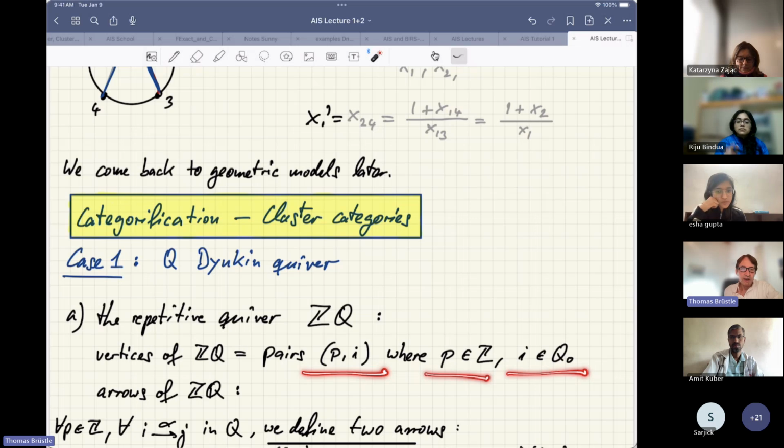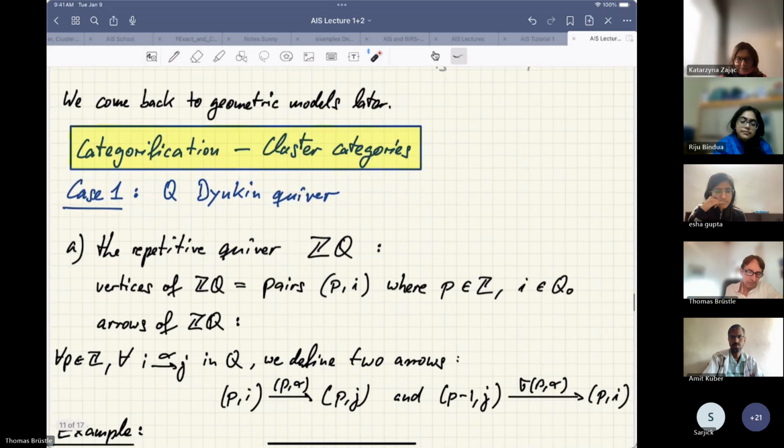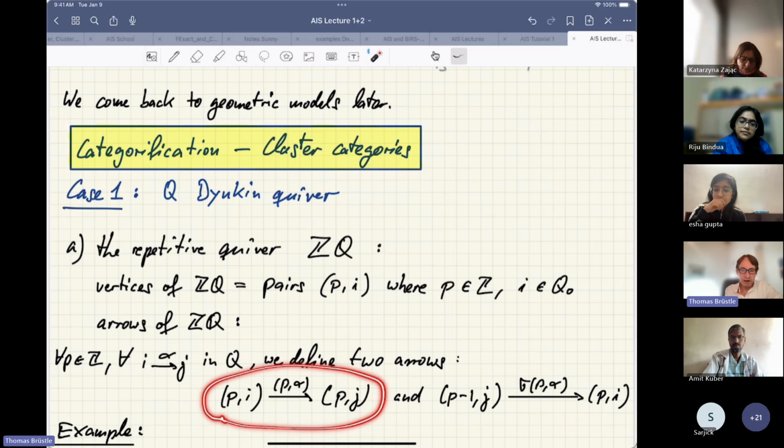So our index set for this quiver is really the integers times the vertices in the quiver. And then arrows, whenever I have an arrow alpha in my given quiver, I have an arrow in this copy number p, which I denote by (p, alpha).